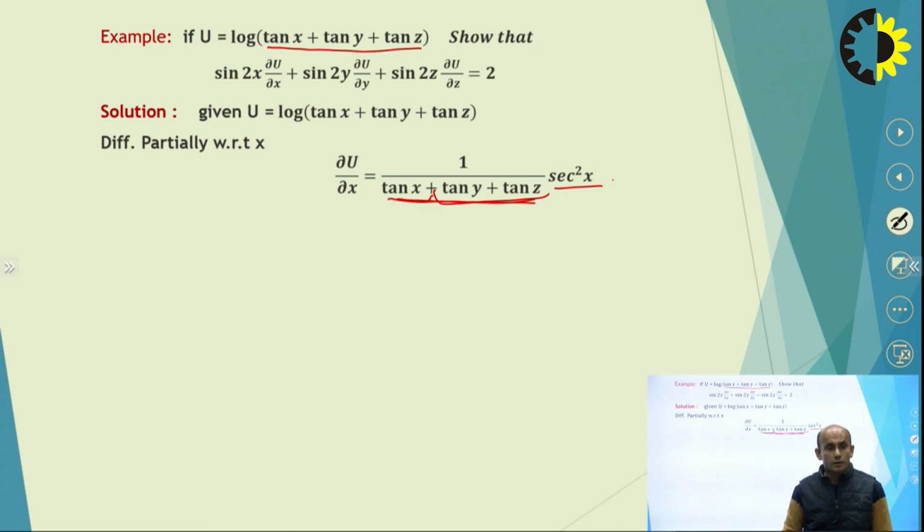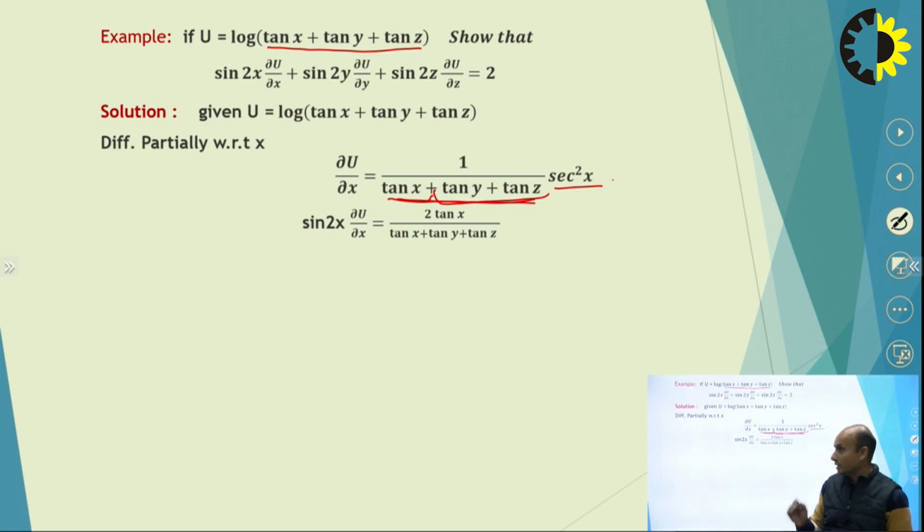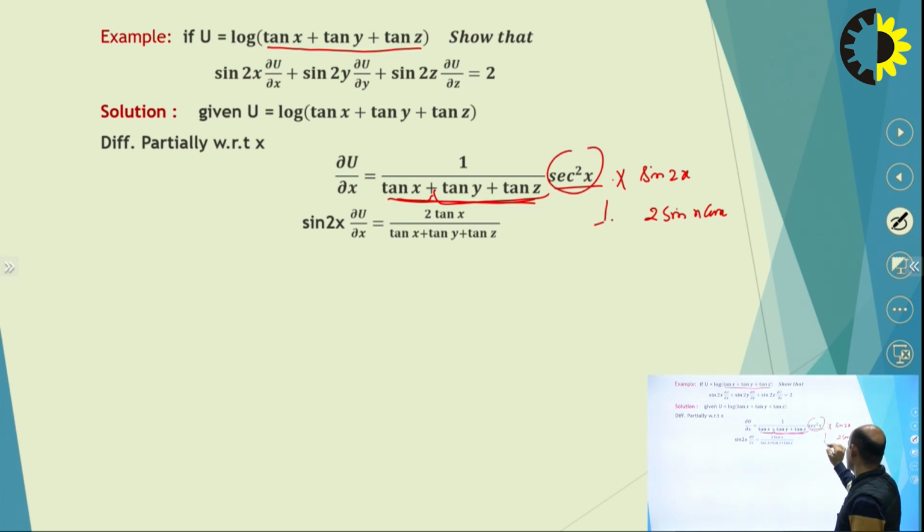Now here we have to find sin 2x del u upon del x. So if we multiply this whole function with sin 2x, it means we have 2 sin x cos x, and this sec square x is actually 1 upon cos square x.